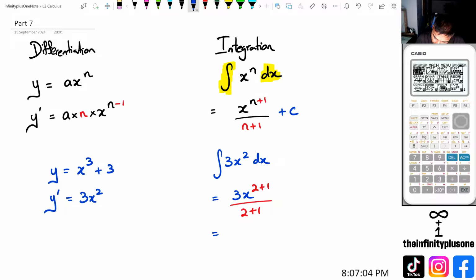What you end up with is 3x cubed over 3. Now the two 3's cancel out and you're left with x cubed. But notice that when we integrate, we forget that plus 3 part of it. So we don't know if the original function had a number or not. Because we don't know what that number is, we put plus c. When we integrate, we don't know if there's a constant there or not. So you always have to put a plus c.